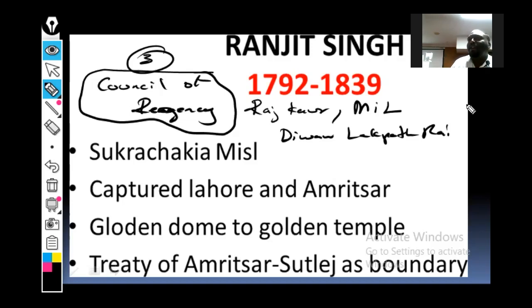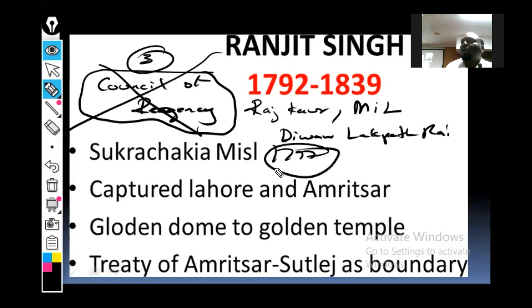But he was a person who would have multiple relationships. So you can see that in 1797, when he was 17 years old, he overthrows this council of regency and takes control of the entire Sukrachakya missile in his hand.